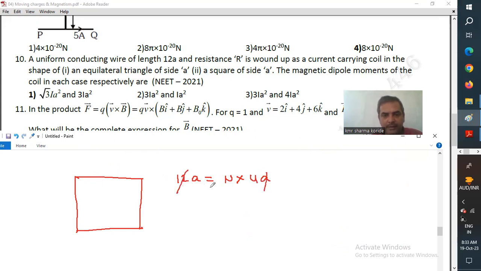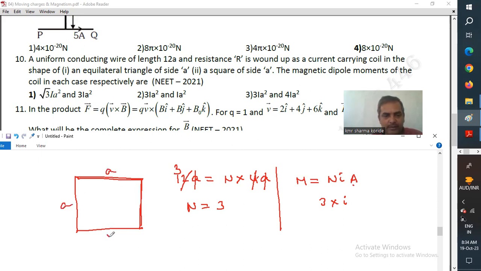So A and A get cancelled. 4 3s. So therefore, N is equal to 3. So you can prepare 3 turns of the square coil. Same formula once again. So M is equal to NIA. A is area. N is 3 turns. I is I only. Area of the square is A square. So first option is correct.